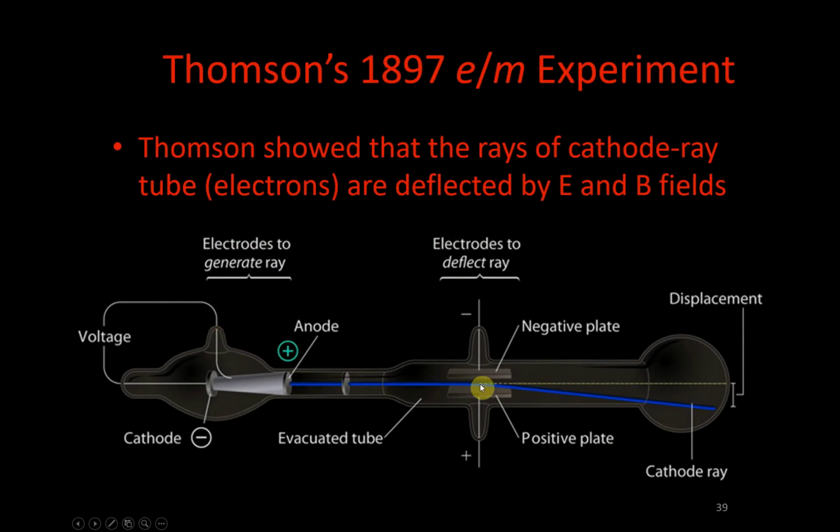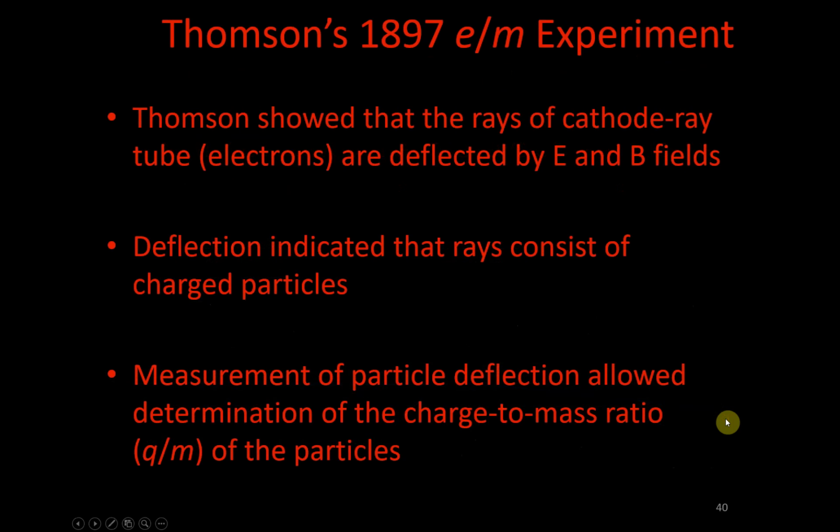It's firing electrons into here, it's in a magnetic field, and he is using his electrodes to deflect the ray and put them where he wants to. Here's a negative and positive plate in a vacuum tube. He could then see a dot of light and figure out how much he could move this electron. And he essentially said that electrons are deflected by electric and magnetic fields. And this was in 1897.